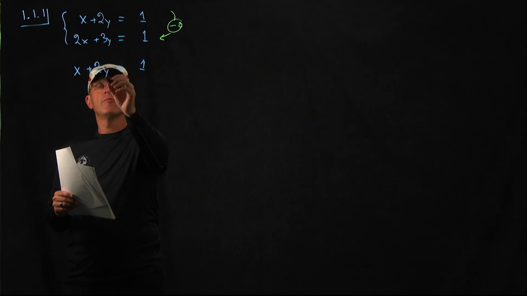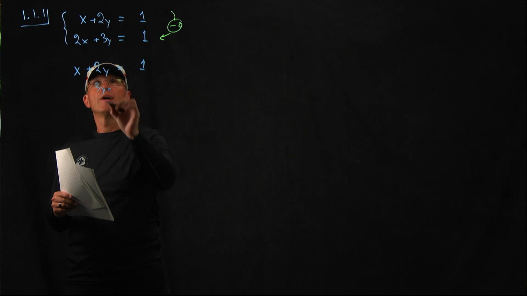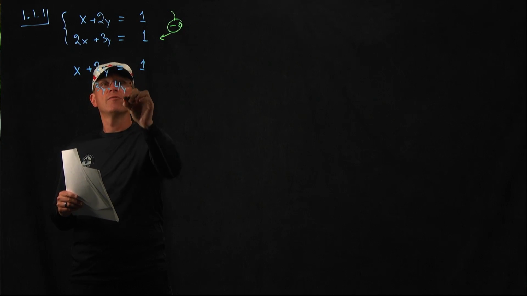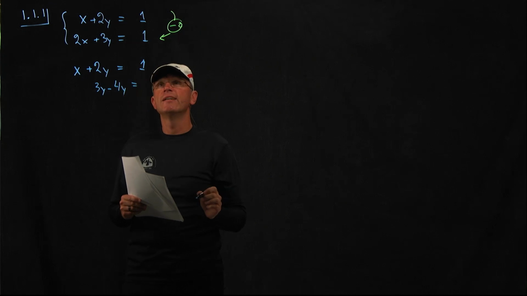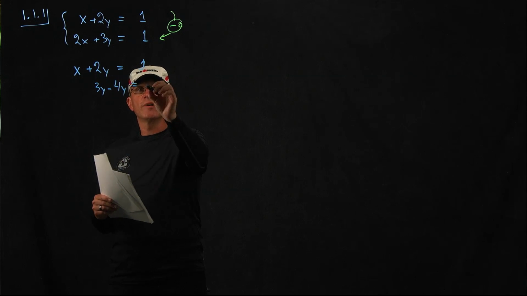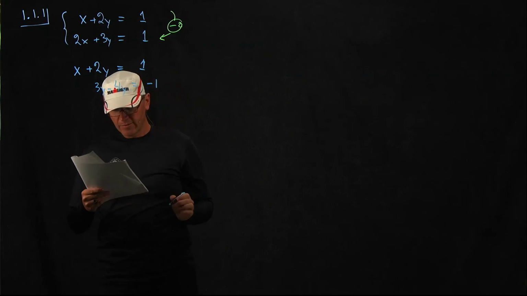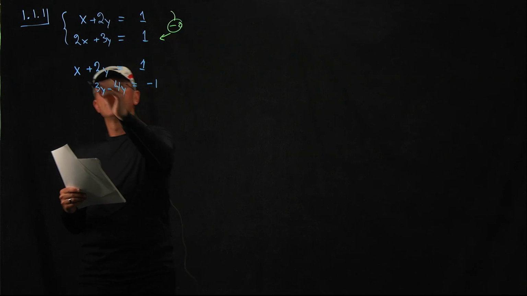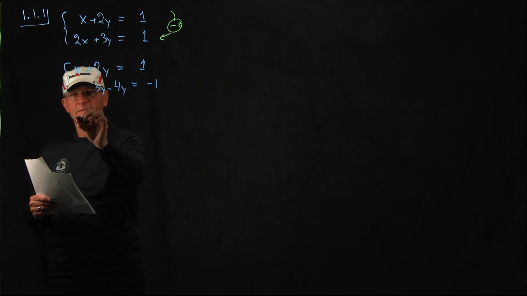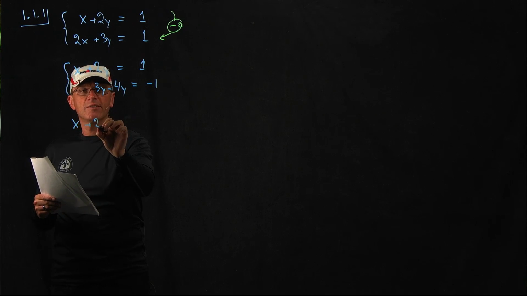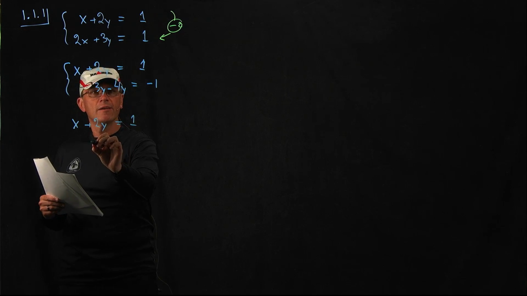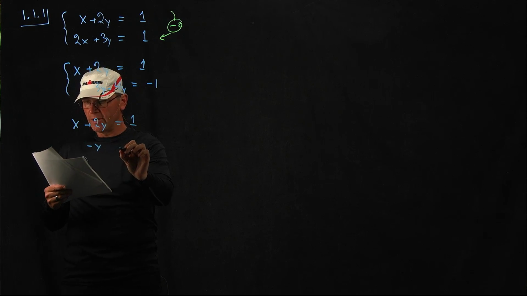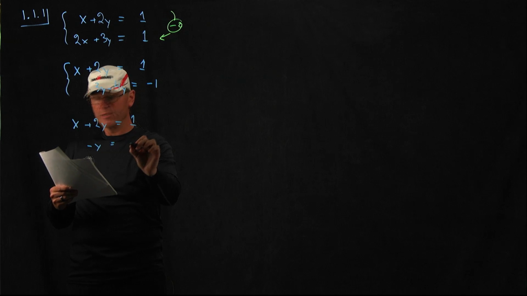We have 3y minus 4y, and on the right-hand side, we have 1 minus 2, which is negative 1, hopefully. All right, so we have x plus 2y equals 1, and negative y equals negative 1.